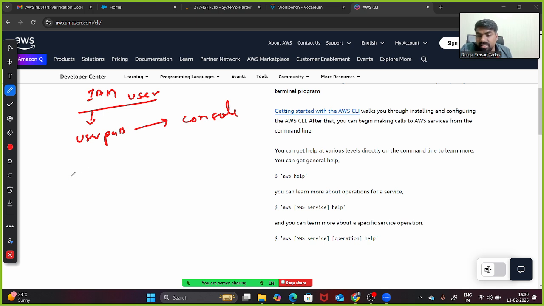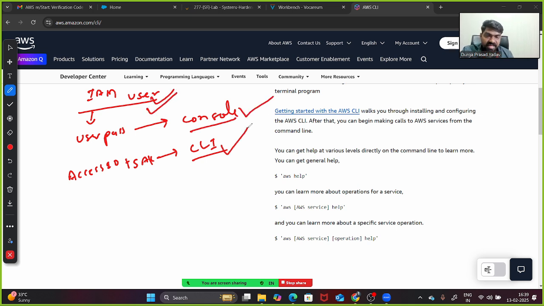Parallelly, the access ID plus secret access key will be created that we will be using with the CLI. AWS gives you some option whether you want to create the IAM user for console purpose or for CLI purpose. If you assign that, you will get the credential as per your requirement.